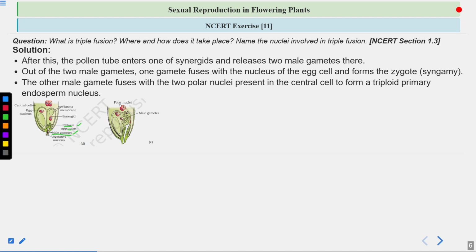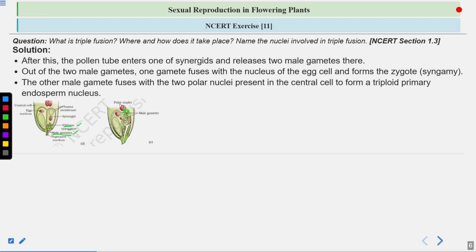So the two male gametes are released here. One male gamete makes its way toward the egg first of all, and it fuses with the egg. Syngamy occurs, the zygote is formed. Okay, this is the first fertilization. Now the second: here you can see the two polar nuclei are fusing together, and the second male nucleus has reached here.